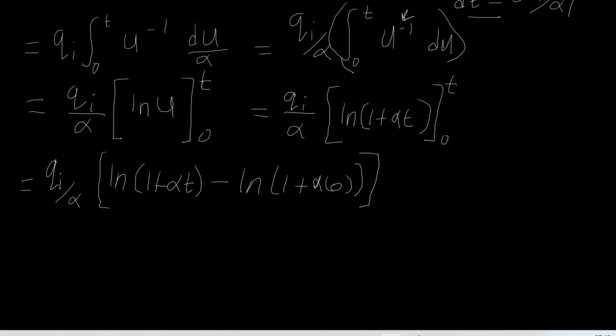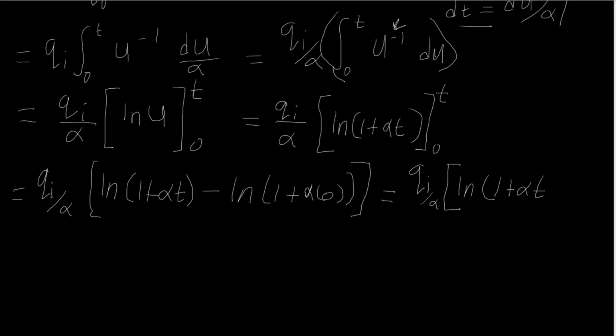So from here, we have qi over alpha times the natural log of 1 plus alpha t. Now, alpha times 0 is 0, then 0 plus 1 is 1, so we have minus the natural log of 1.